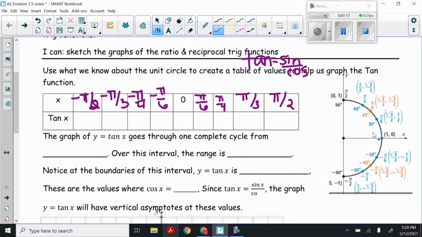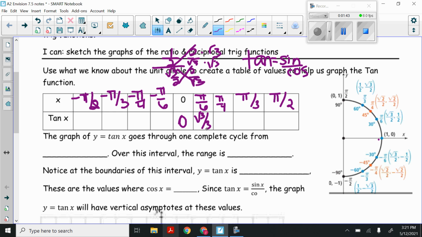So this is 0 over 1, 0. I go to pi over 6, the sine is 1/2, the cosine is square root of 3 over 2. So 1/2 divided by the square root of 3 over 2. We flip and multiply by 2 over square root of 3. Our 2's cancel. We have to rationalize. And so we end up with the square root of 3 over 3.